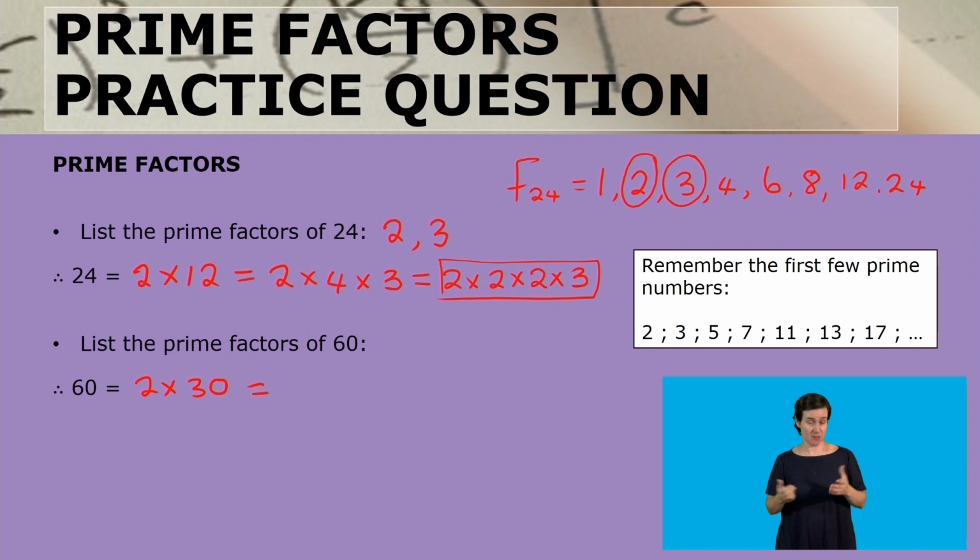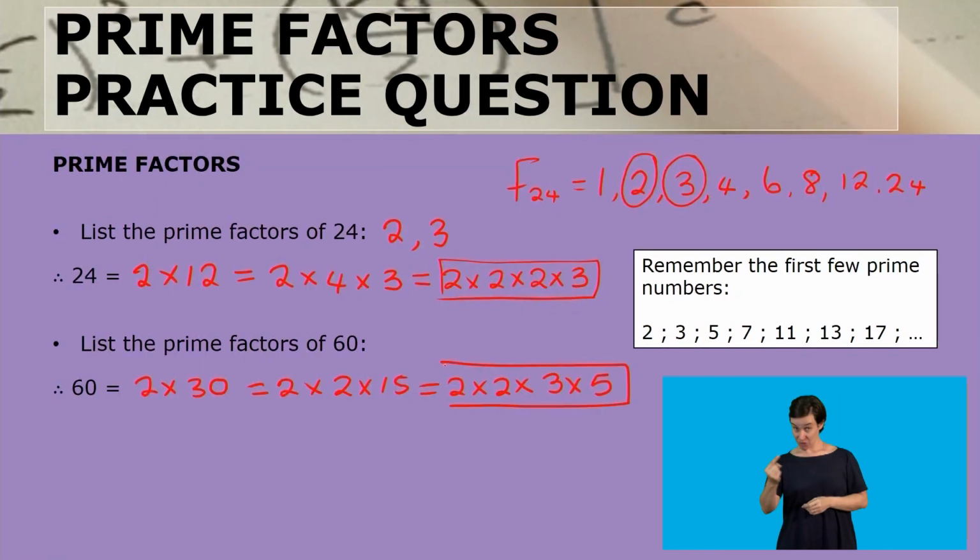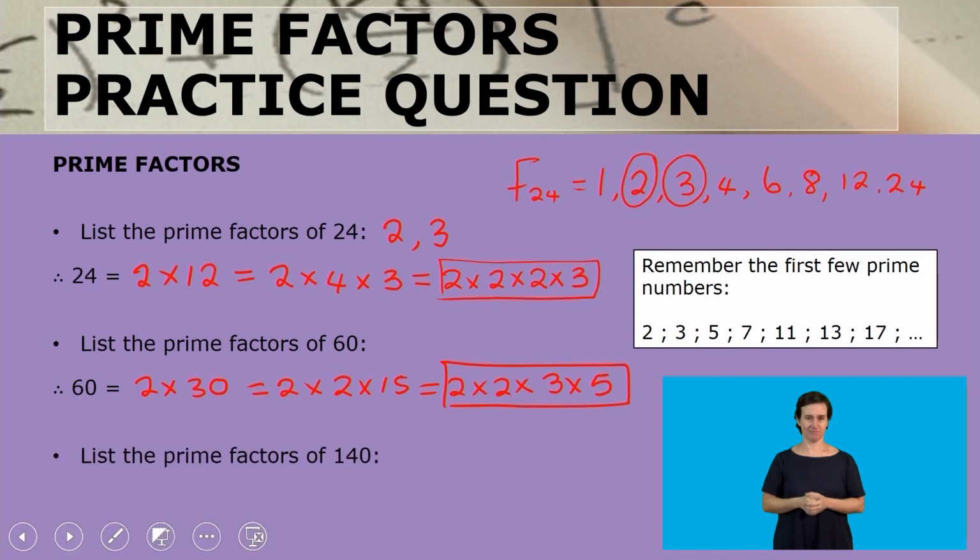And because 30 is not a prime number, we can say 2 multiplied by 15. I forgot one 2 there. So that is 2 multiplied by 2 multiplied by 15 actually. Then we can break it down even further and say 2 multiplied by 2 multiplied by 3 multiplied by 5. And you will see that those are the prime factors of 60.